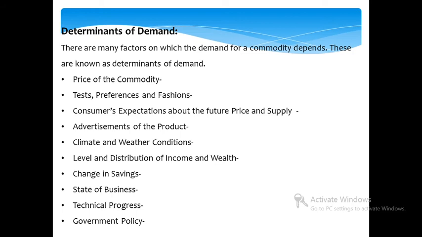Then technical progress, and last, government policy. All these points are determinants of demand. It means these factors affect the demand.